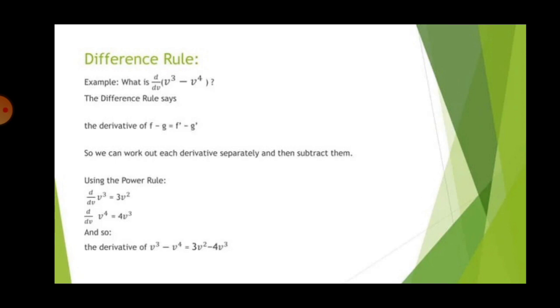Using the power rule, d all over dv of v cubed is equal to 3v squared. Next, d all over dv of v to the power of 4 is 4v cubed. And so the derivative of v cubed minus v to the power of 4 is equal to 3v squared minus 4v cubed.